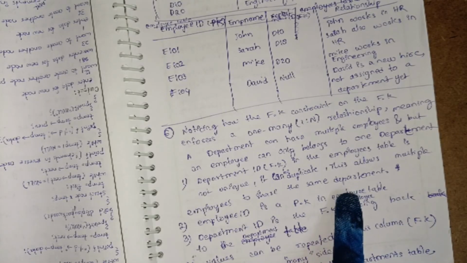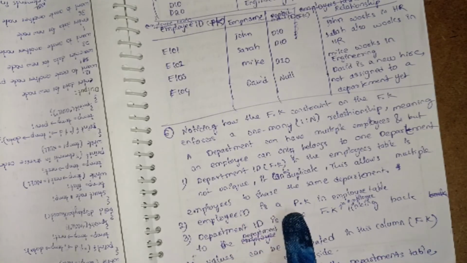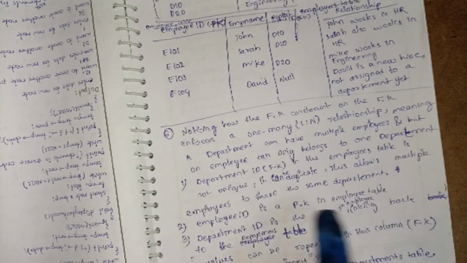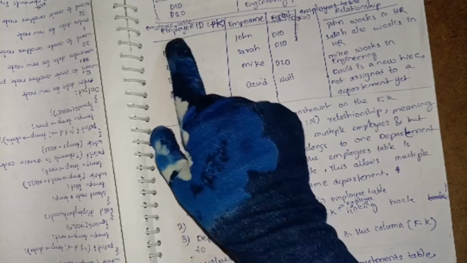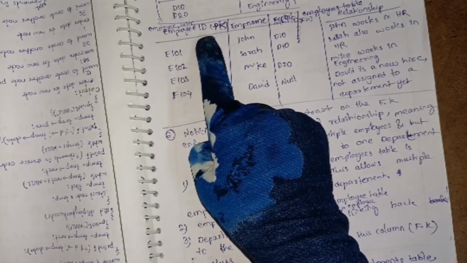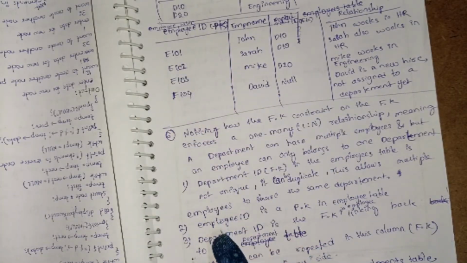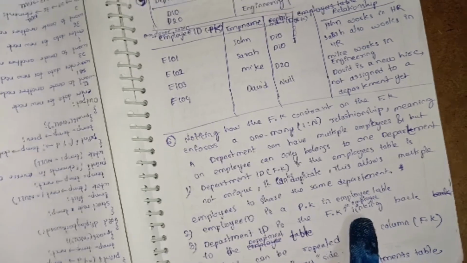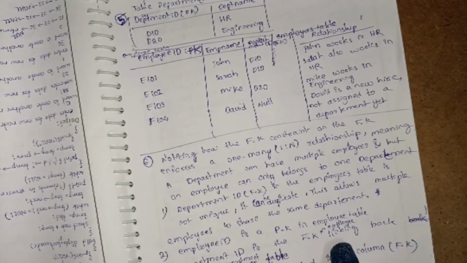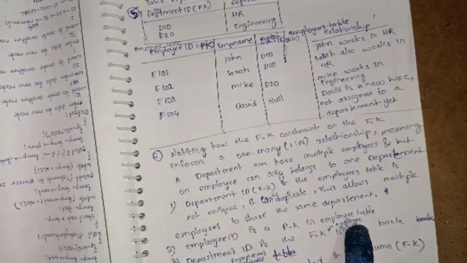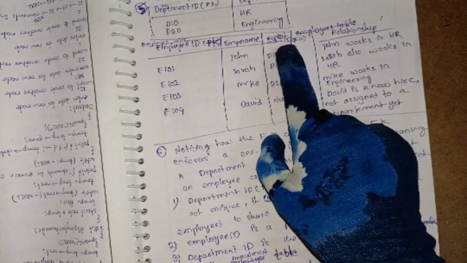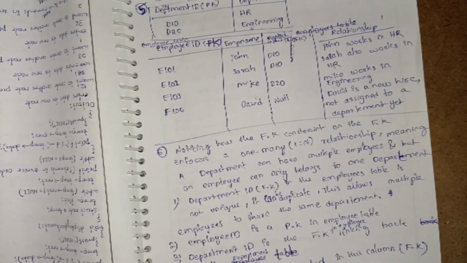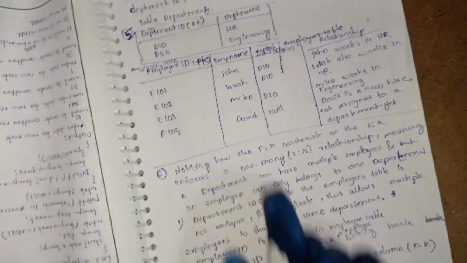Then employee ID is a primary key in the employee table, and department ID is the foreign key in the employee table, linking back to the department table.